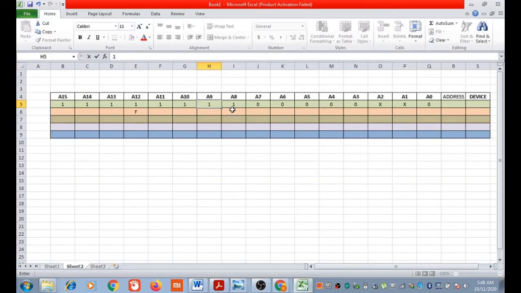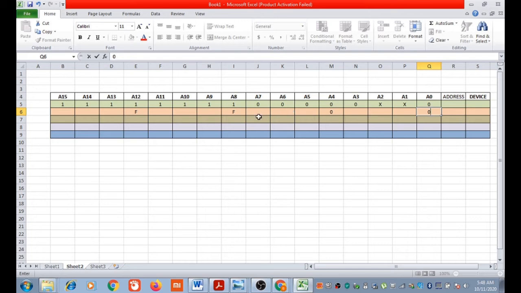Then 1, 2, 3, 4. This will give you an F. This will give you an F. Sorry, 0. Let us assume these two bits are zeros. Then this will give you 0.